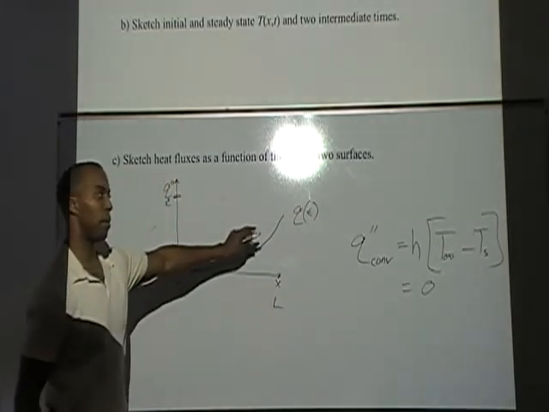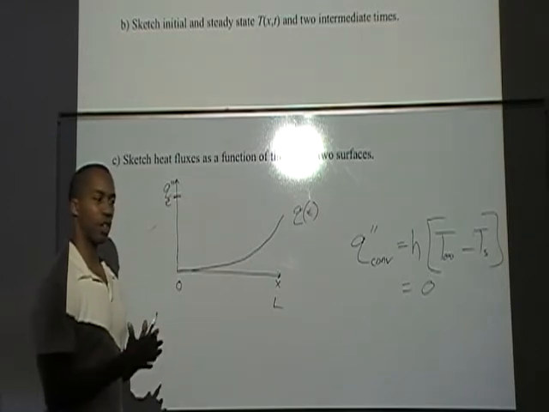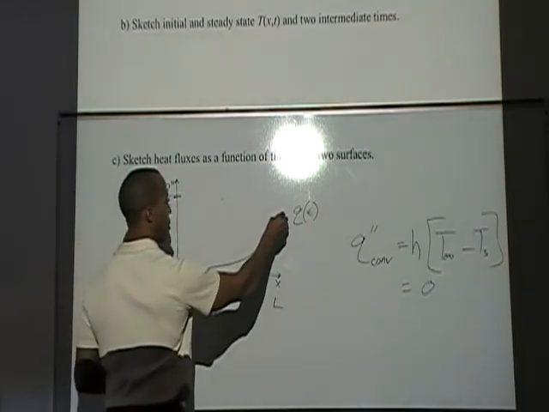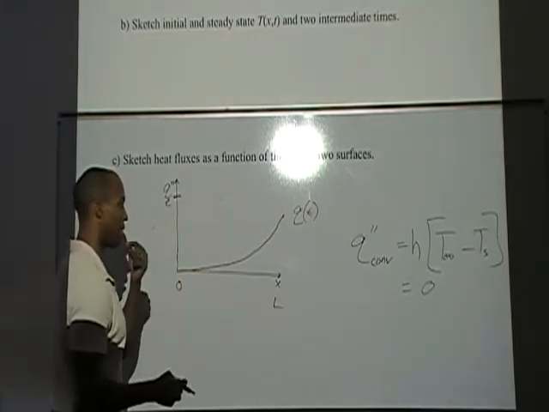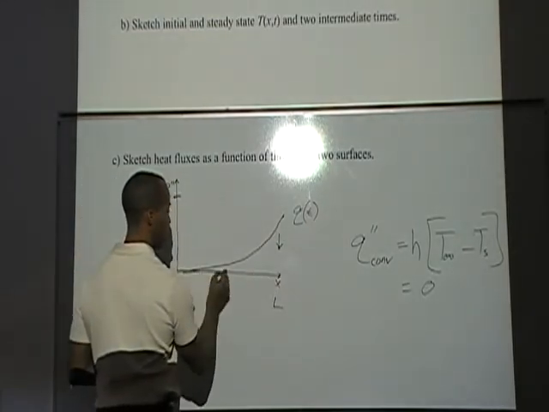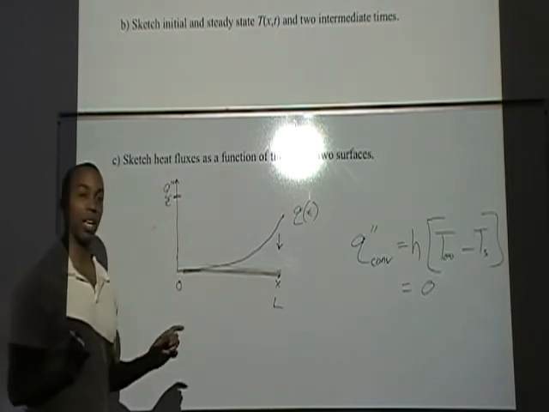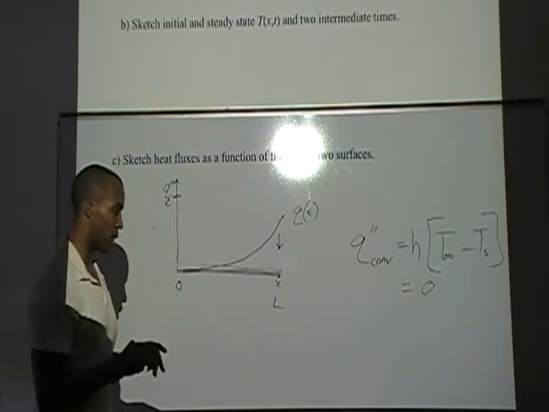So this would be maybe shortly after the surface convective heating is applied, we'd get something like this. But we just showed in the previous example that if time goes to infinity, eventually this heat flux will go down and everything is going to converge to a straight line where we won't have any heat transfer because there won't be any temperature differences in our system to drive the heat transfer.